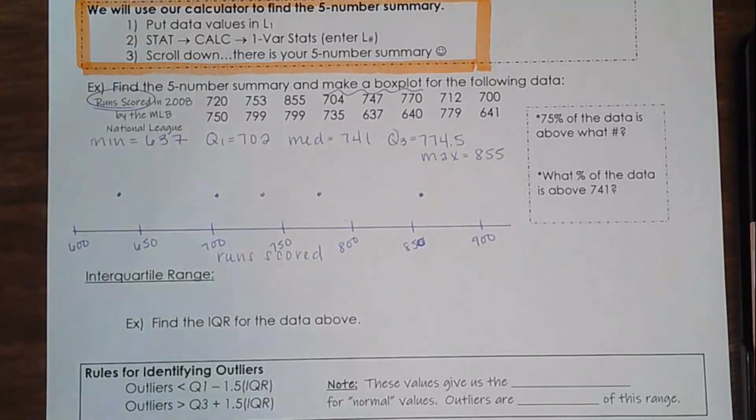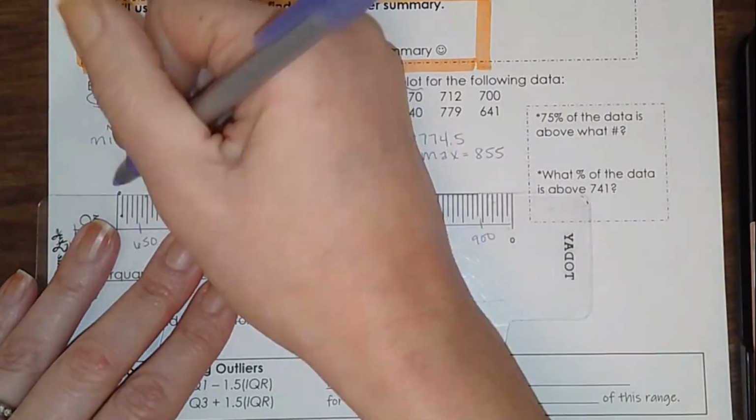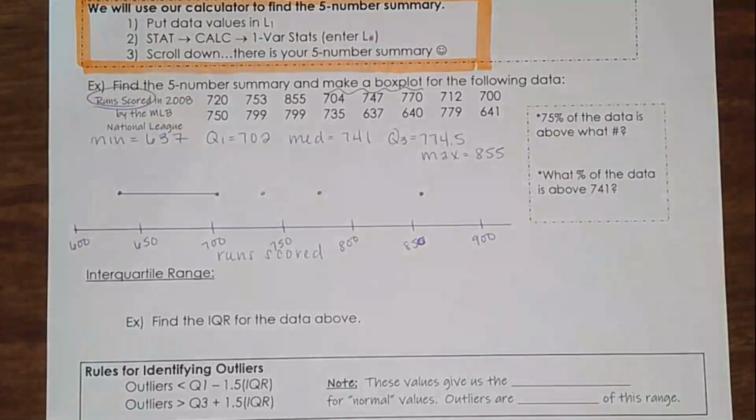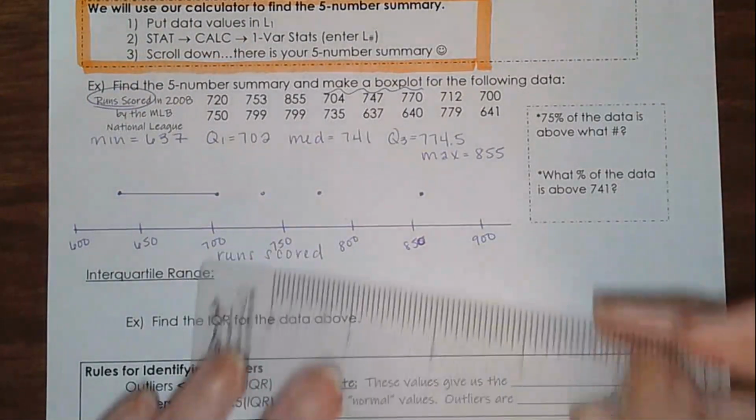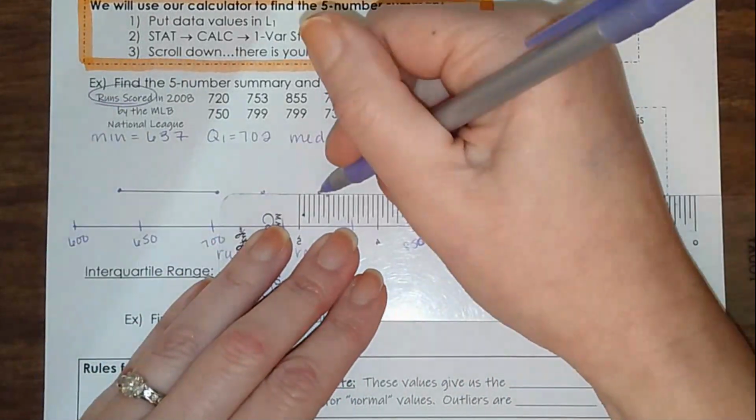So let's make our box plot. Connect your minimum and quartile 1 to make your lower whisker. Connect quartile 3 and your maximum to make your upper whisker.